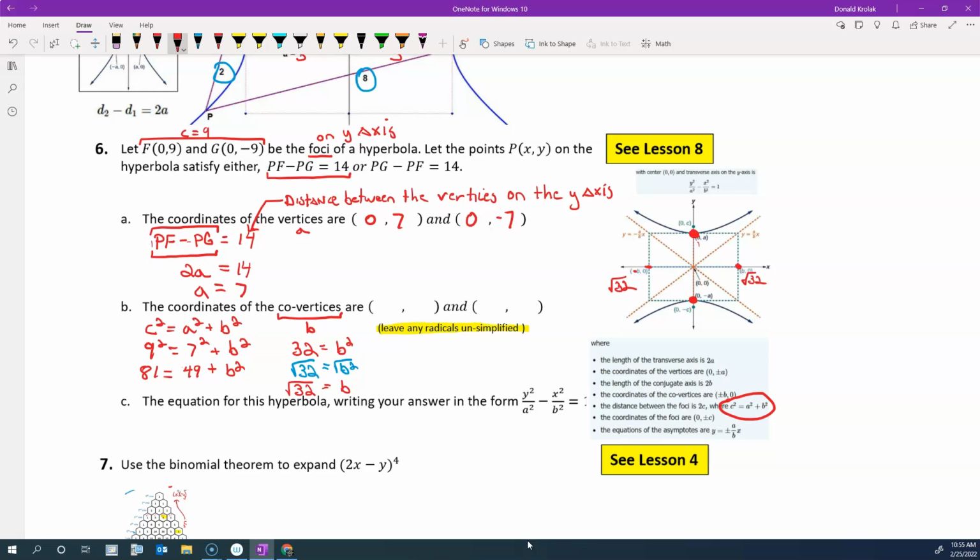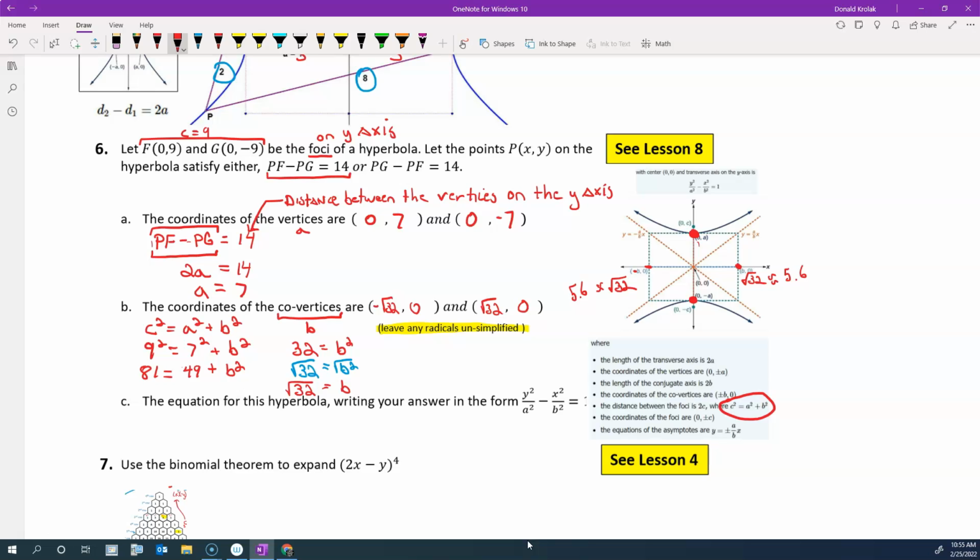So we write that down: one of them is negative root 32, and the other one is positive root 32. You don't need to convert it to a decimal. It's around 5.6 roughly, but you wouldn't write 5.6, just write the root.